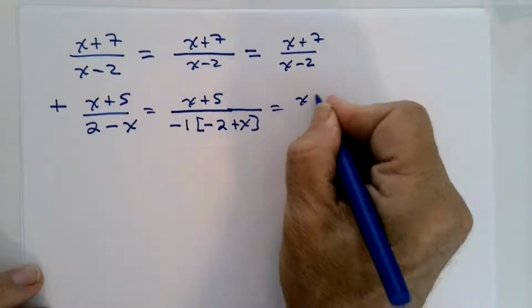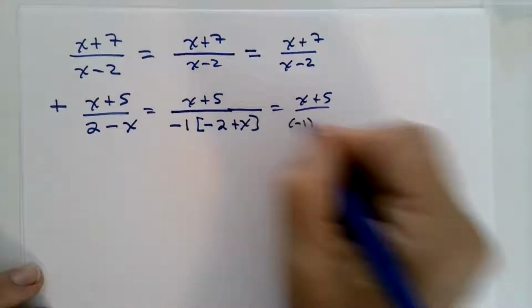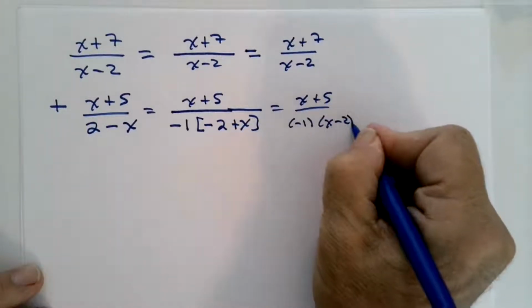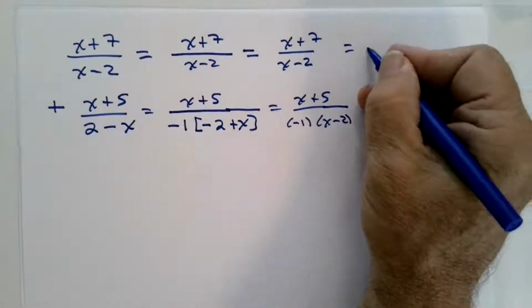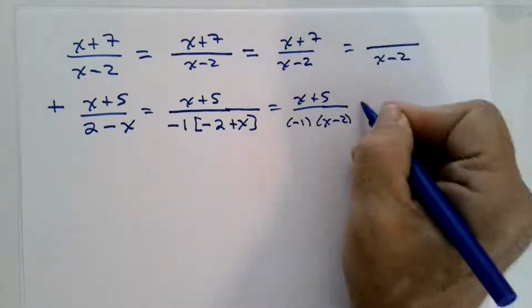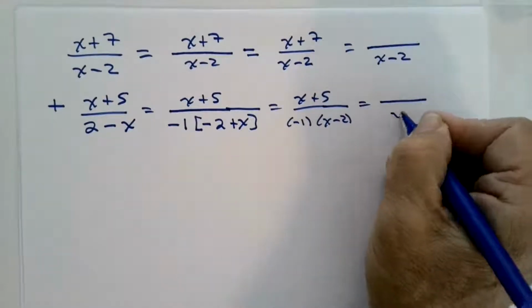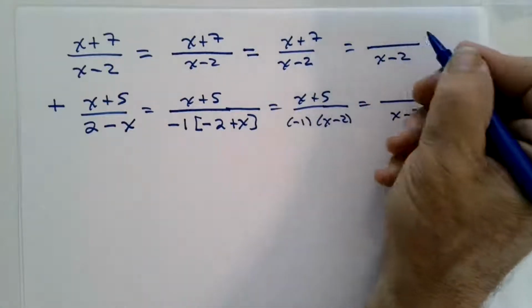I'm going to rewrite as x plus 5 over negative 1 times x plus negative 2, which is x minus 2. Now, based on my previous work, you would think that the common denominator would be negative 1 times x minus 2, but frankly, I'm going to just leave it as x minus 2. I'm going to leave the common denominator as x minus 2. So to get from here to here, there is nothing new in the denominator.